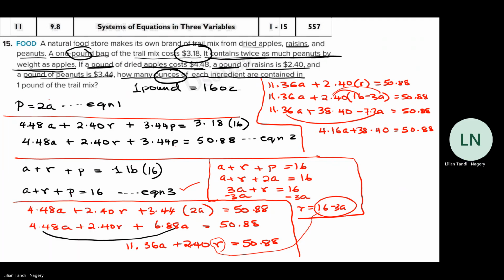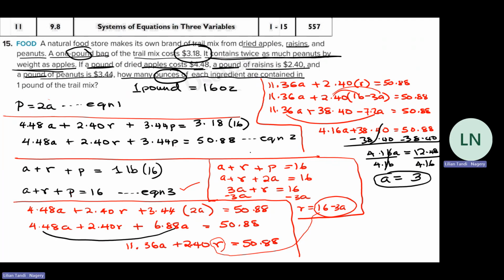Then what are you going to do? You're going to minus 38.40 on both sides. This goes away. 4.16A equals 12.48. You're going to divide both sides by 4.16, and A should equal 3.